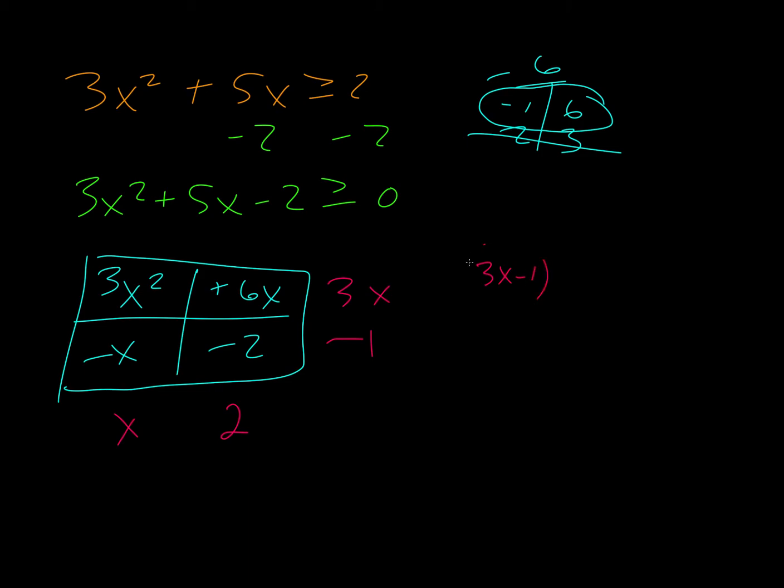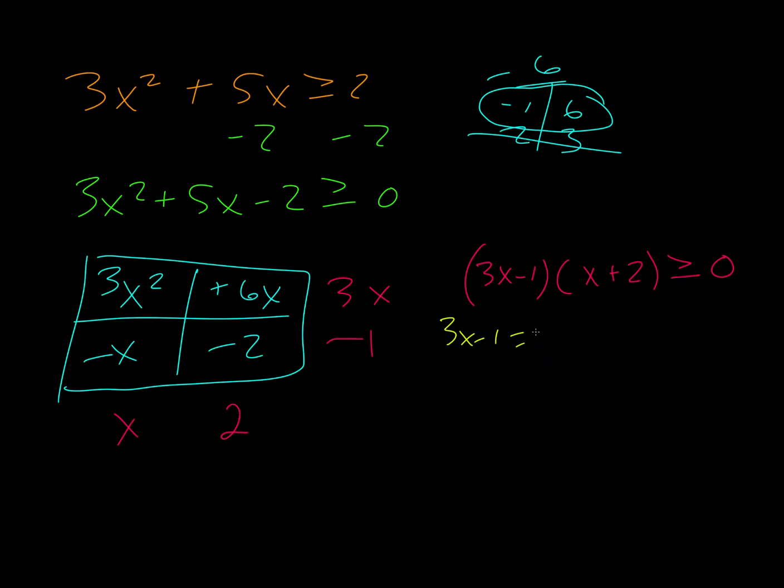So we end up with 3x minus 1 and x plus 2 is greater than or equal to 0. Now, if we solve each of these for the roots, well, we just want the roots.